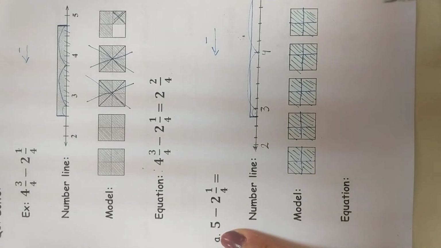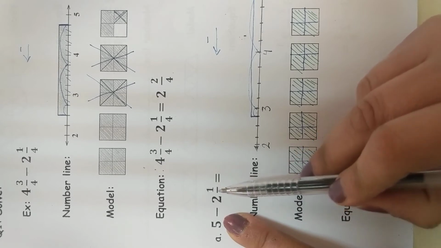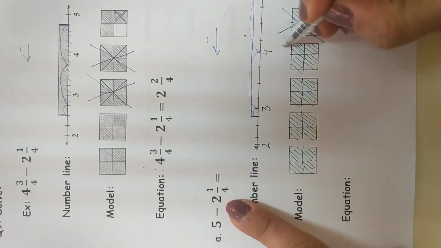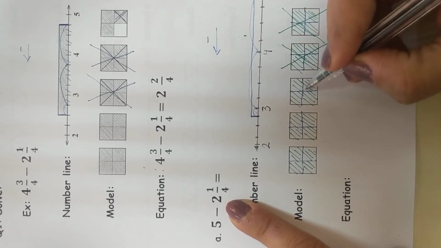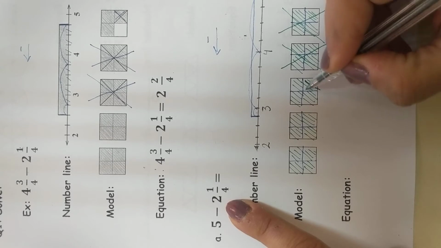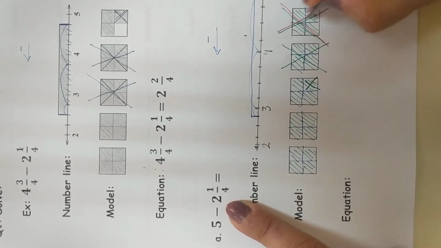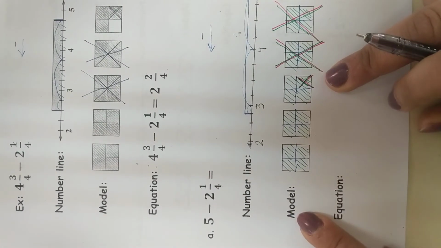Then I will subtract 2 and 1 out of 4. I will take 2, and 1 over 4 means I will take only 1 part, this one. So I will do it with the red. This is how we solve the model.